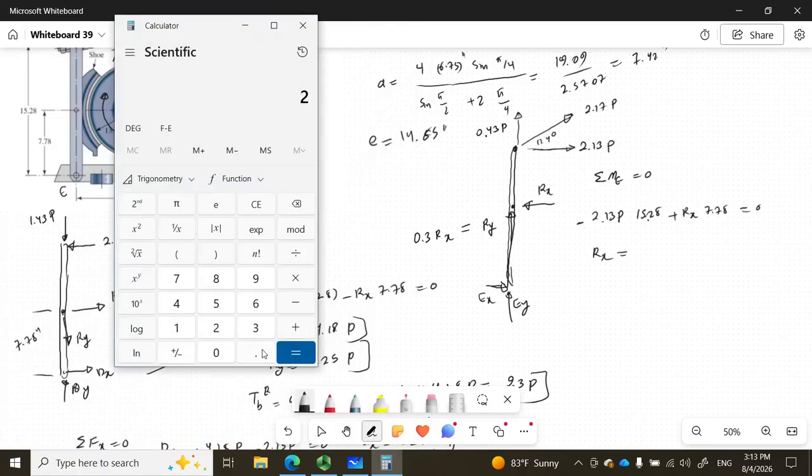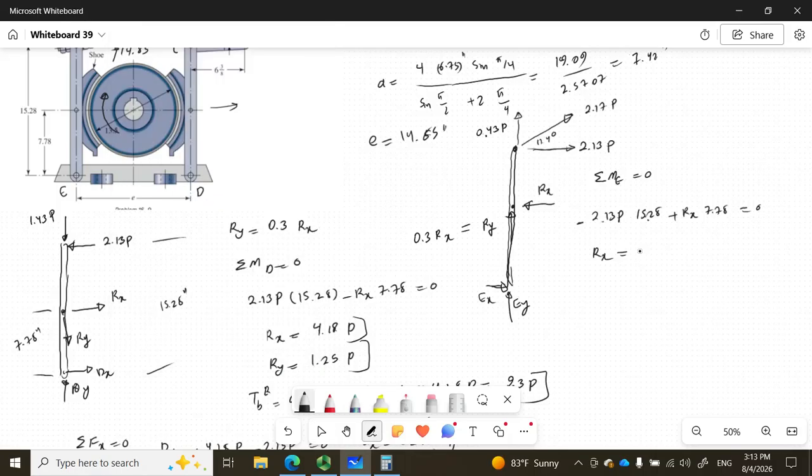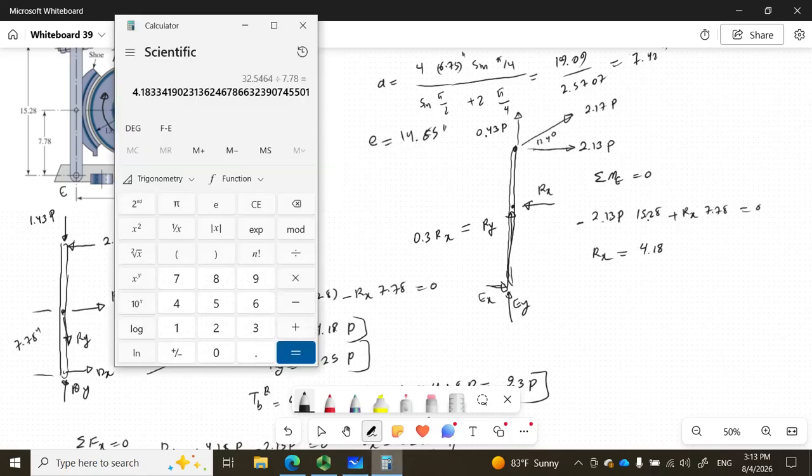Let's see how much Rx we are going to get this time. So 2.13 times 15.28, divided by 7.78. Yeah, Rx, let's see how much it comes out. 4.18.